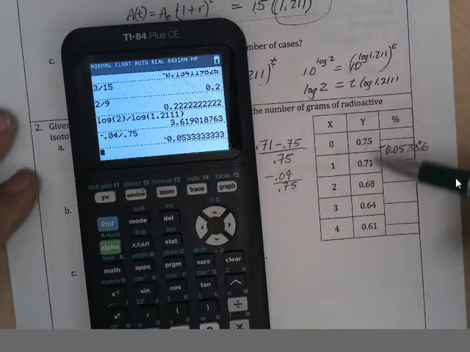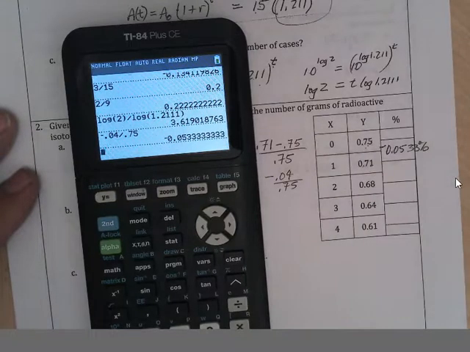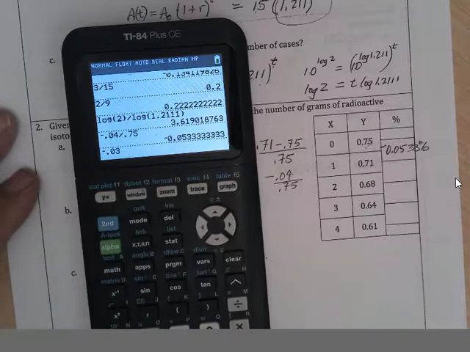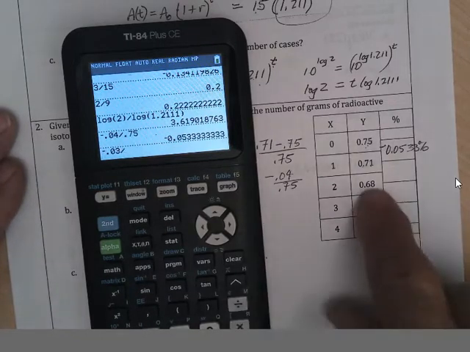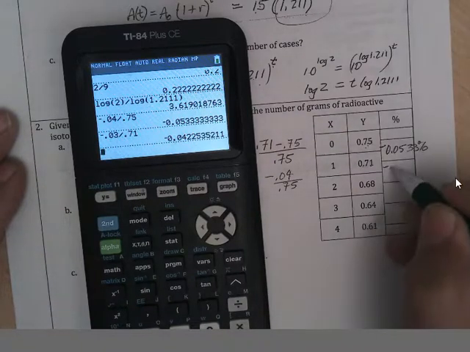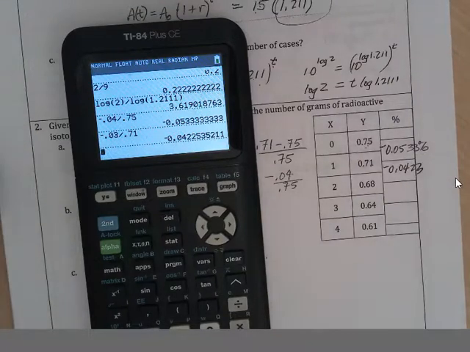In the next one, 0.71 to 0.68, that's down 0.03, divided by the starting amount, which was 0.71 there, and that comes out to be negative 0.04225, or 23, rounding it.